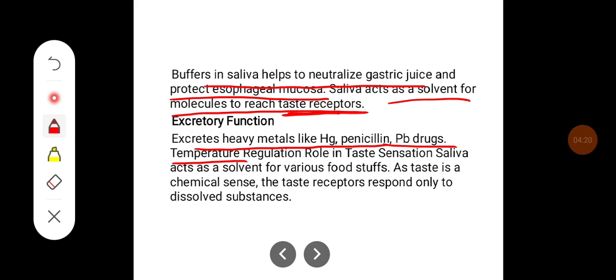It also has importance in temperature regulation. It has a role in the taste sensation, and saliva acts as a solvent for various foodstuffs. As taste is a chemical sense, the taste receptors respond only when they are dissolved.